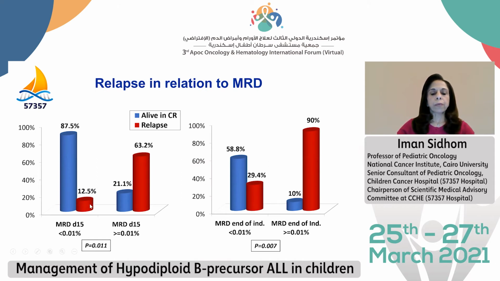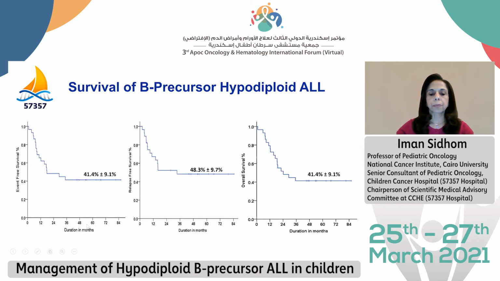Relapse occurred in 12.5% of the patients with negative MRD on day 15 compared to 63% for the positive MRD group. As for MRD at end of induction, 29% of the patients with negative MRD had relapse compared to 90% for the positive MRD. These differences were statistically significant.